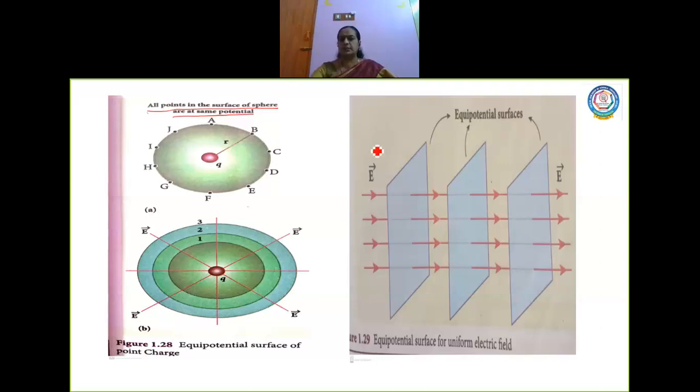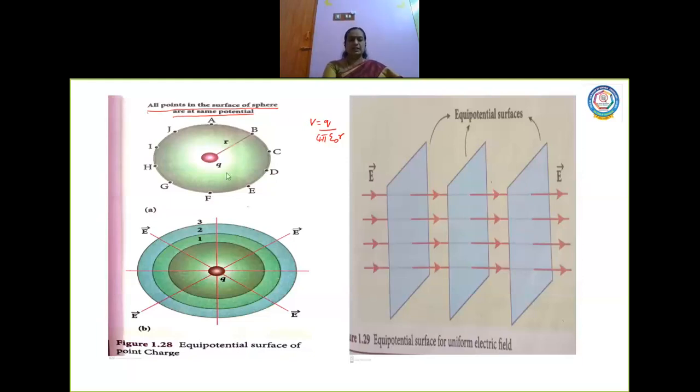What is the formula for potential due to a point charge, children? V is equal to Q by 4 pi epsilon naught R. So all the points on the sphere will have the same potential, V is equal to Q by 4 pi epsilon naught R. These types of surfaces which have the same potential are called equipotential surfaces.